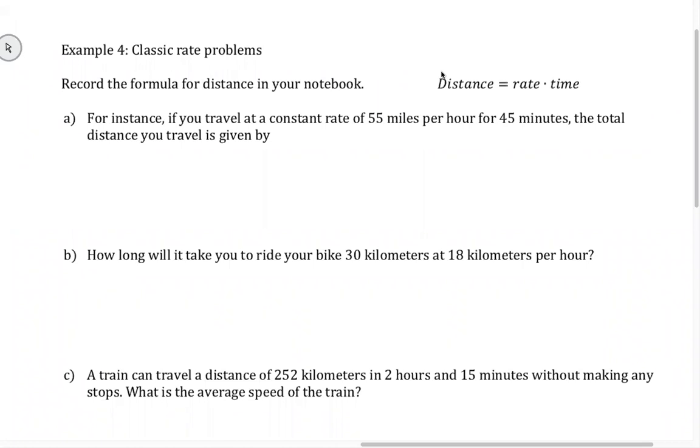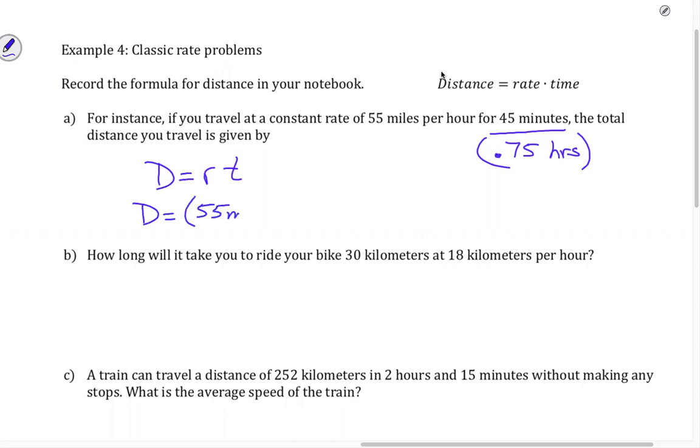Well, my problem here is 45 minutes. 45 minutes is 0.75 hours. So I need to make that conversion right out the gate. So if D equals RT, and I want to know how far I traveled, I have distance equals my rate, which is 55 miles per hour, times 0.75 hours.